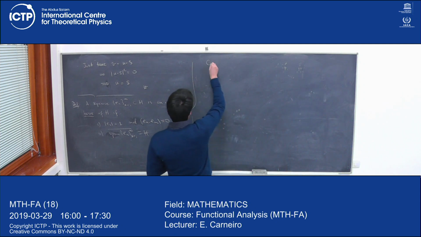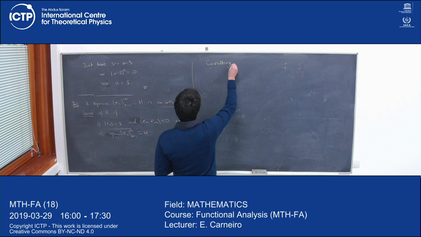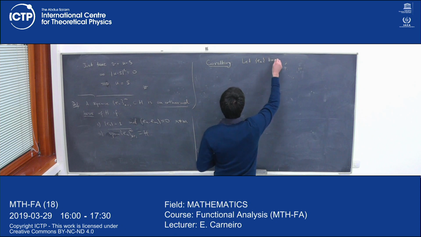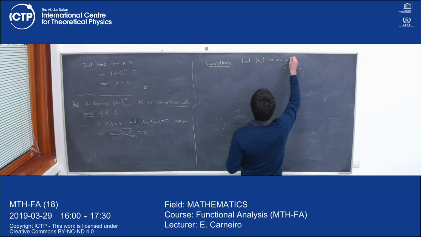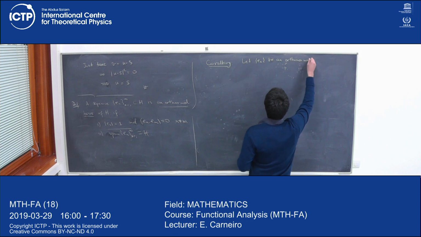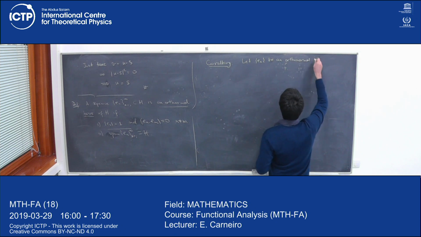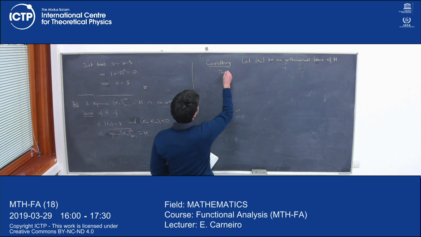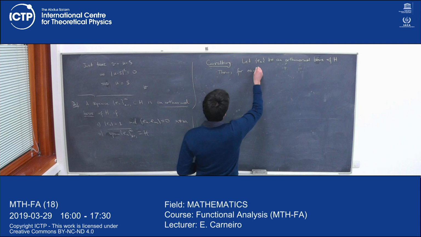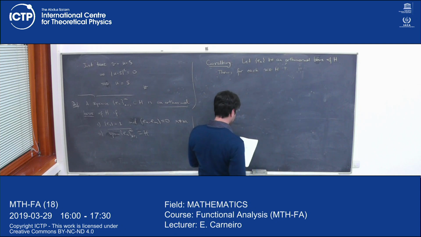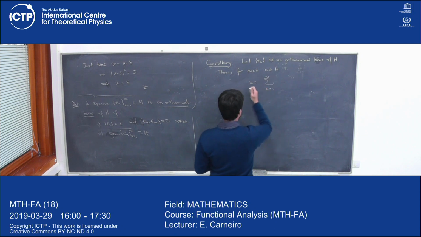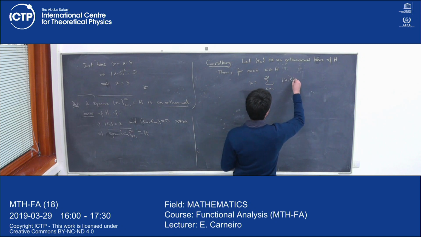Let me write right here. Corollary is the following. Let e_n be an orthonormal basis of H, then for each u in H, we have the following. u is actually the sum from k from 1 to infinity of (u, e_k) times e_k.